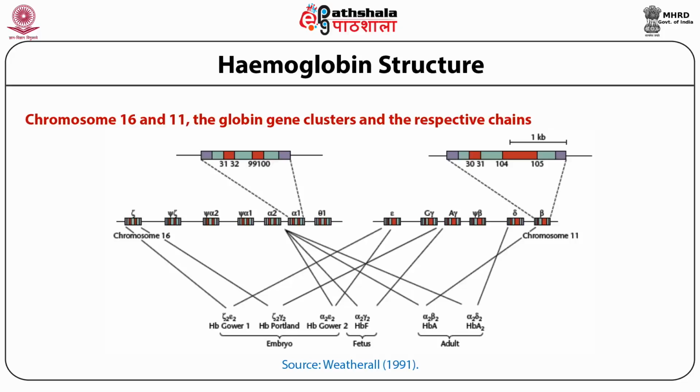The green sections represent translated sequences called exons, and the red sections denote intervening sequences called introns. Blue sections correspond to the untranslated 5' and 3' sequences flanking the globin genes. Combinations of the chains produced result in the various types of hemoglobins, which we will discuss later.